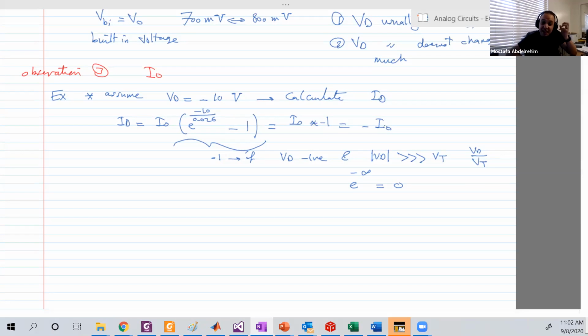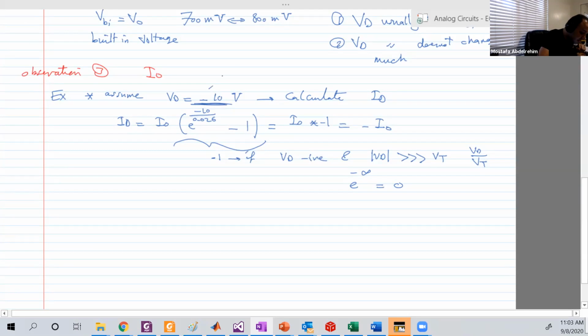So I naught now has a meaning. Other than that it carries inside it all the properties of the junction, the doping, all such geometry, it's also the current that flows through the diode when the diode is reverse biased. Because you see here, the voltage is negative. That means the diode was reversed.